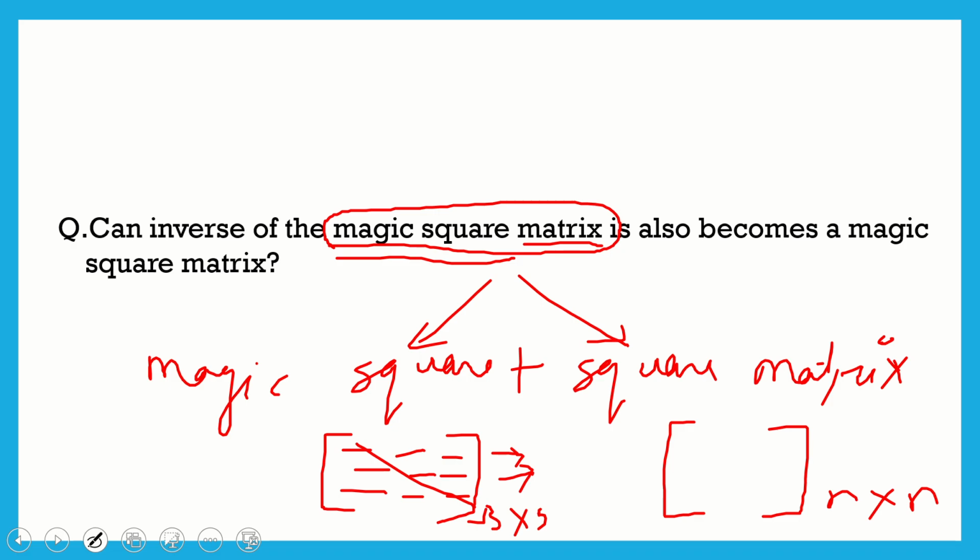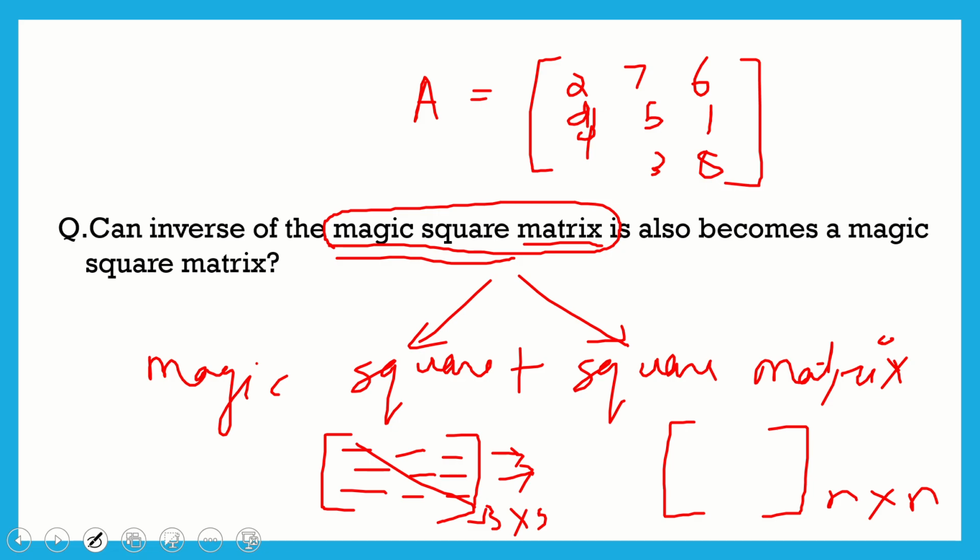So let us show you one magic square. I'm writing in the upper part A is equal to 2 7 6, 9 5 1, and 4 3 8.